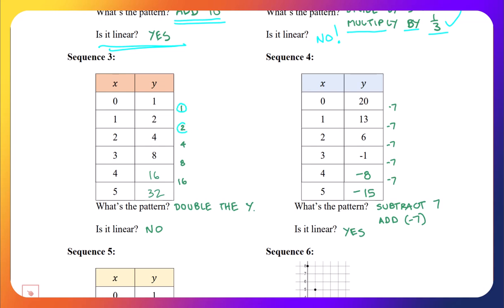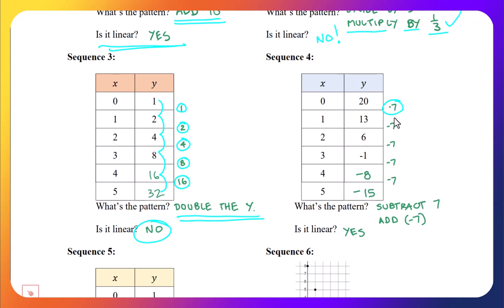Add 1, add 2, add 4, add 8, add 16. What's the pattern? Double the y values each time. Double, double, double, double, double. And again, it's not constant, so it is not linear.